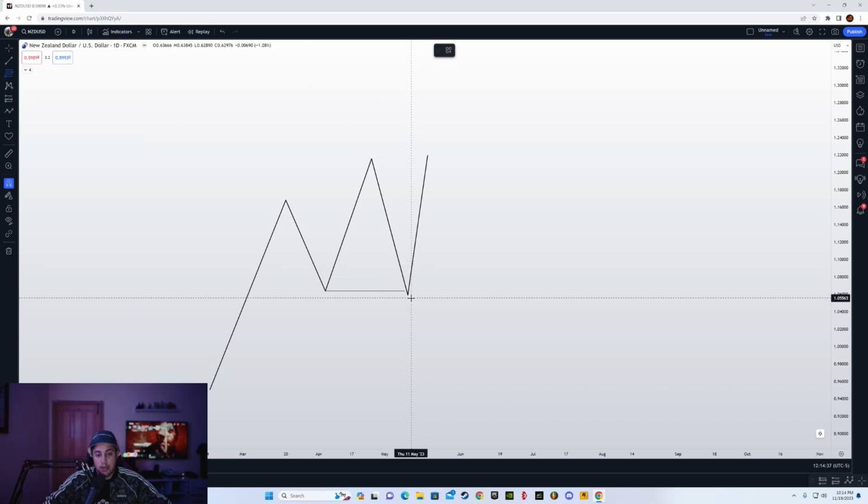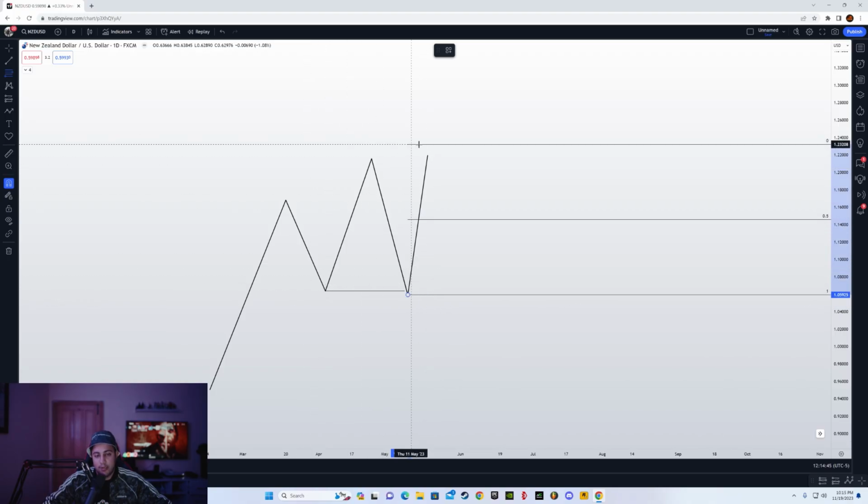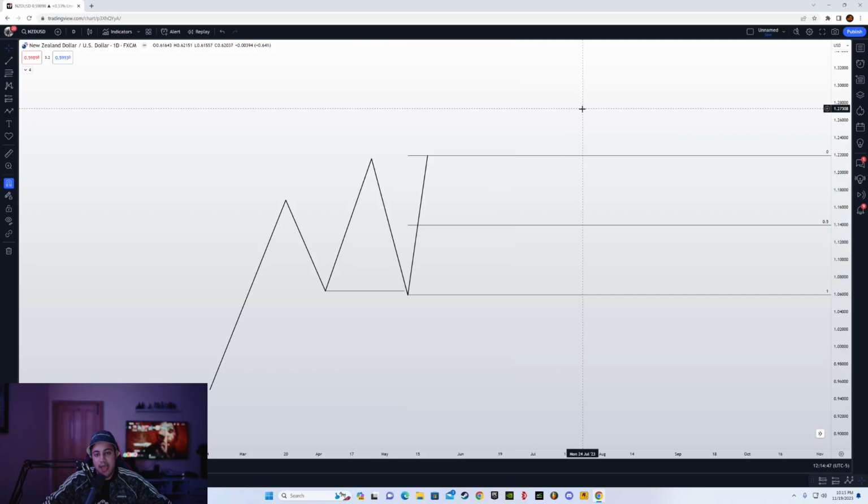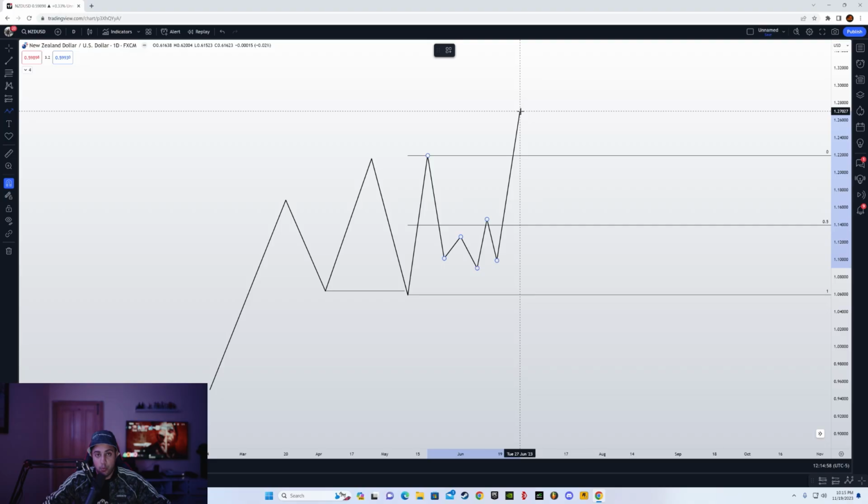Then you are allowed to use your Fibonacci from the low that swept the liquidity to the high that swept the liquidity, right? Now that is your dealing range. You can then wait for price to dip into a discount zone, and then you can look for confirmation entries, and boom, that would work perfectly. Now this is basically your dealing range.